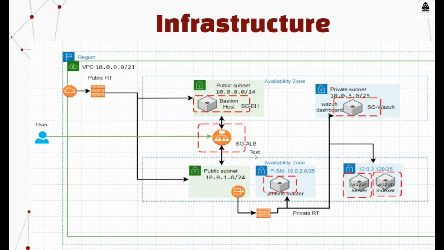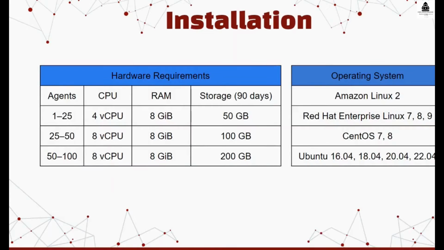What is the number of agents we are going to connect, and if in the future the number of agents increases, how will we tackle that situation? And what is the operating system on which we can host our server, because the agent can be hosted on any operating system. For 1 to 25 agents, we need a 4-core CPU, 8 GB RAM and 50 GB storage.